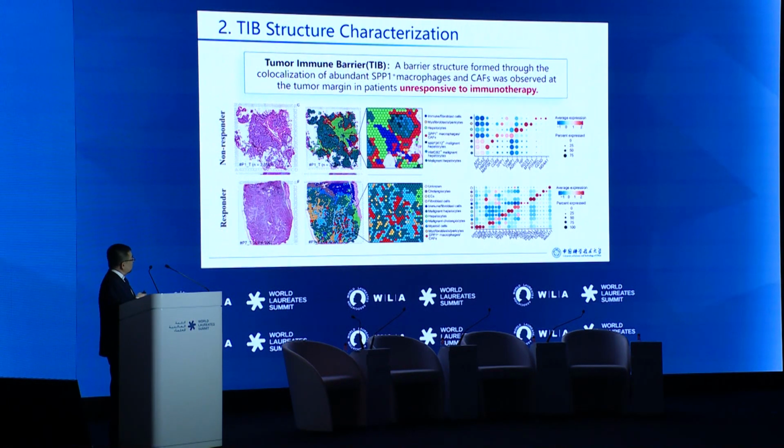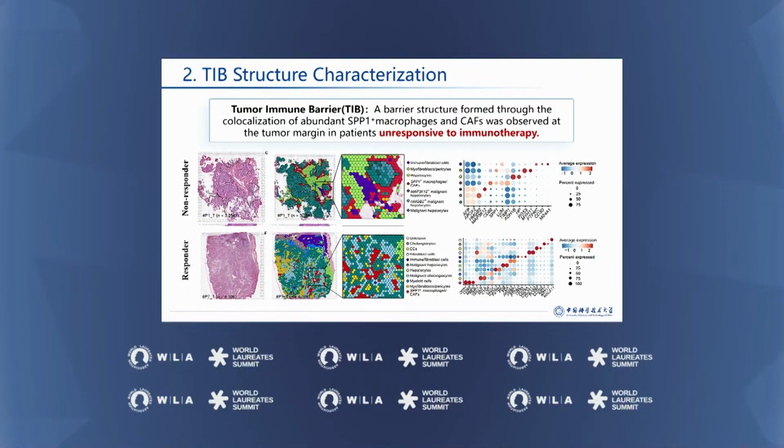For these 2 groups of patients, we got the samples. We identified the tumor immunobarrier, a barrier structure formed through the colonization of SPP1 positive macrophages and cancer-associated fibroblasts, which was observed as a tumor margin in these unresponsive patients.